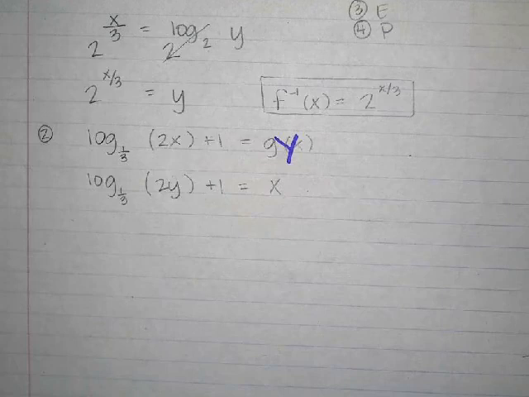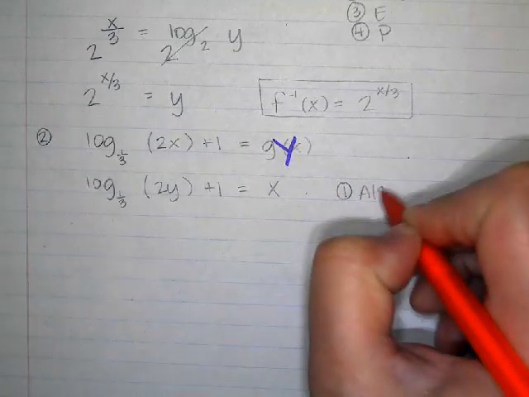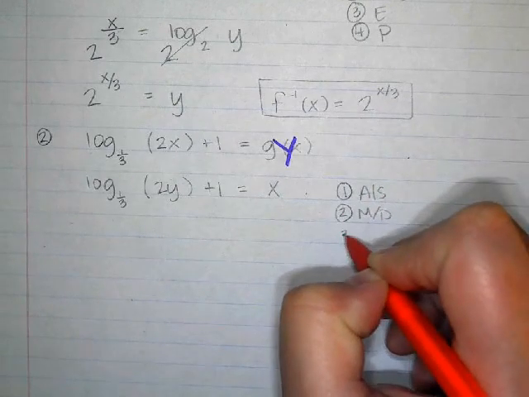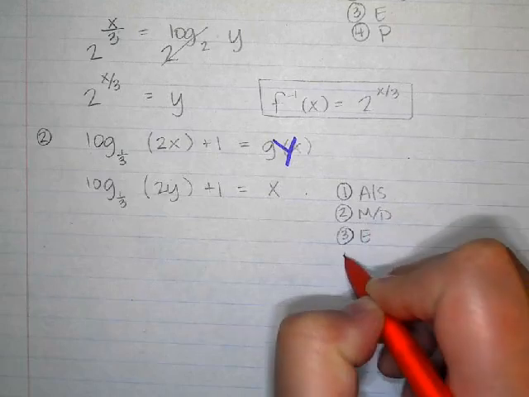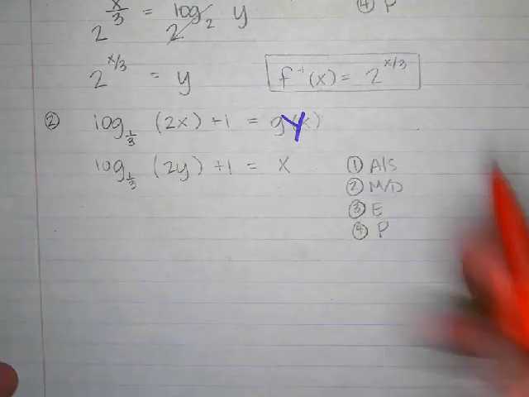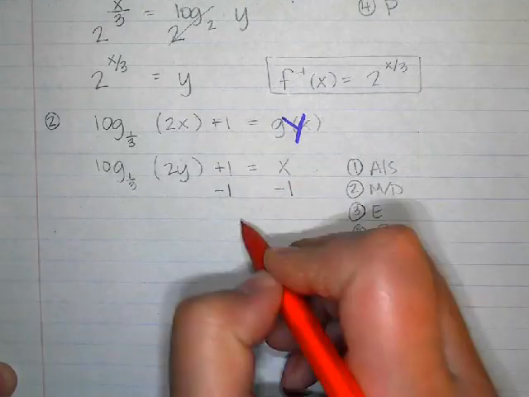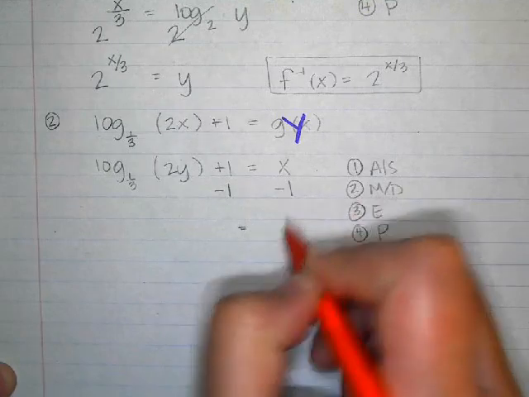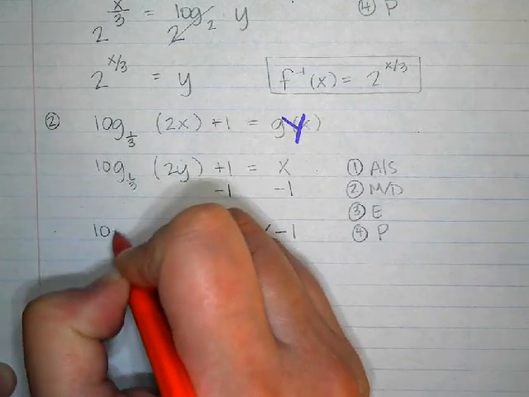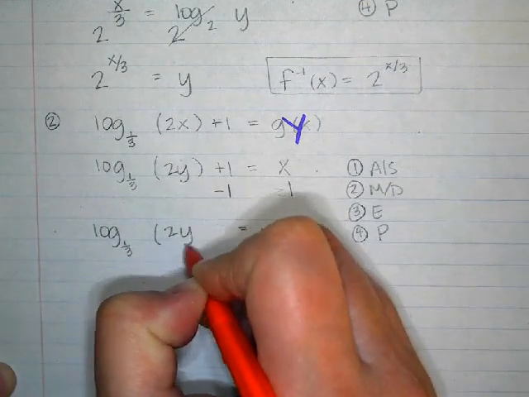I should subtract the 1, so I'm going to go ahead and write out the steps. So we've got adding and subtracting, multiplying and dividing, exponents, parentheses. Okay, so very first thing we're going to do is subtract the 1 over. So we've got x minus 1, and then over here we've got log with a base of 1/3 of 2y.